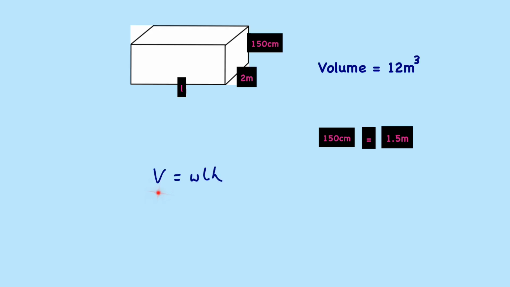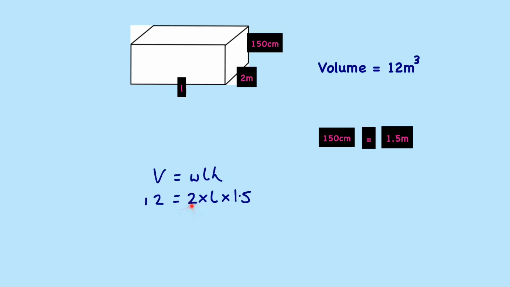And I've got my formula, V equals WLH. We've got the invisible times in here, so W times L times H. Substitute in my values, so I have 12, which is the volume, and I have 2 and 1.5 in metres here and here.